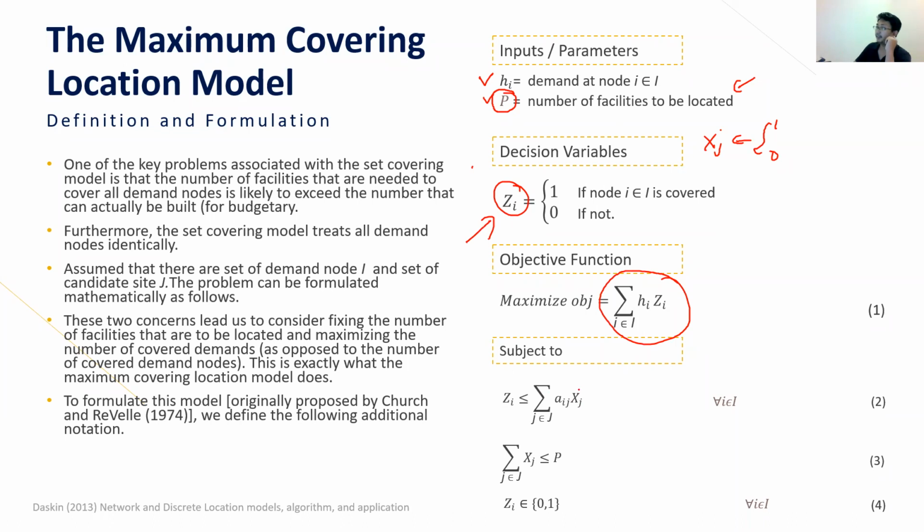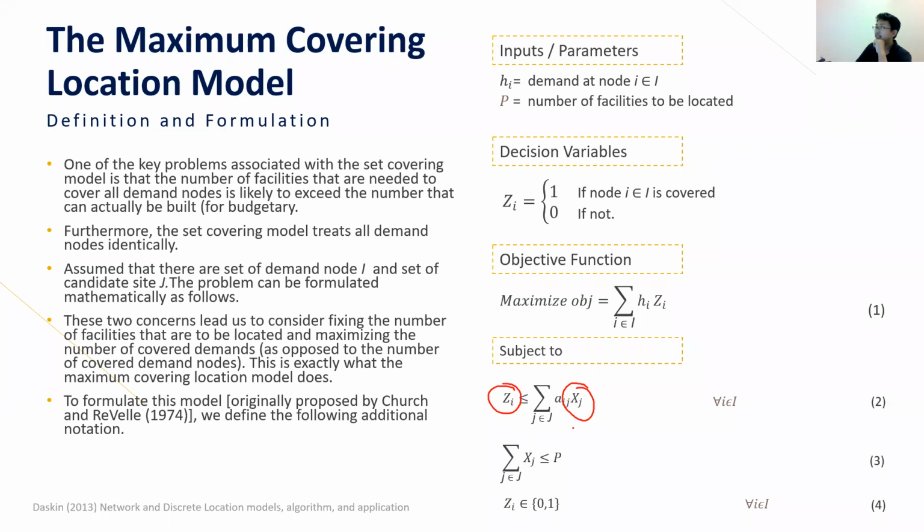And the constraint, for this one, aij multiplied by xj is actually to make sure that one particular i is being covered, right? So we use the same formulation and then put the variable zi here, so it will restrict zi to be equal to 1 if you are allocating the facility that covers that i.